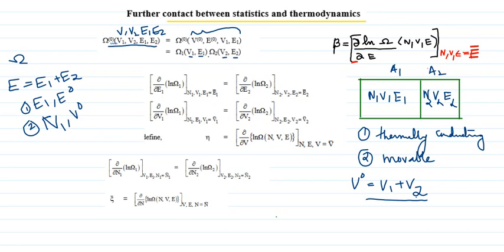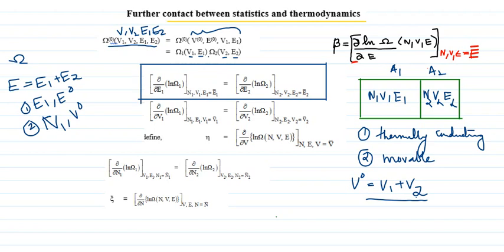In the first case, when the wall was just thermally conducting, you got this equation, which is the equation for beta, and the macrostates will exchange energy until the betas become the same: beta 1 equal to beta 2 equal to beta 3, and so on.